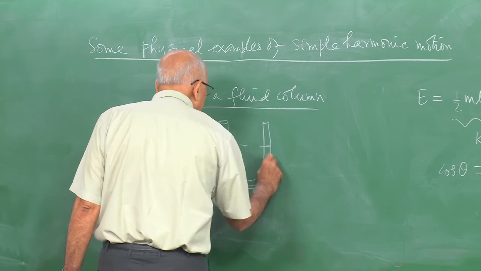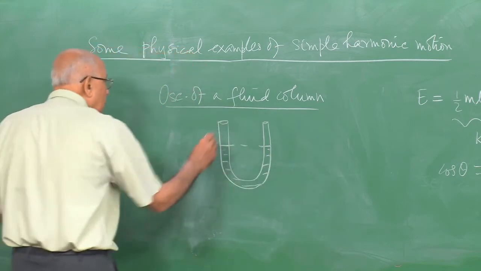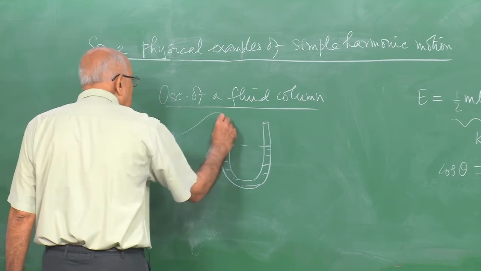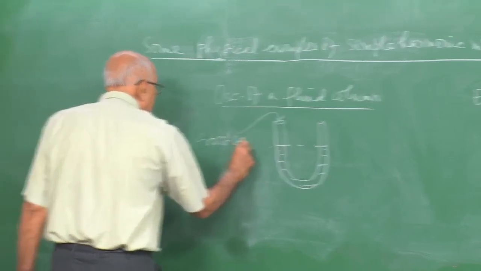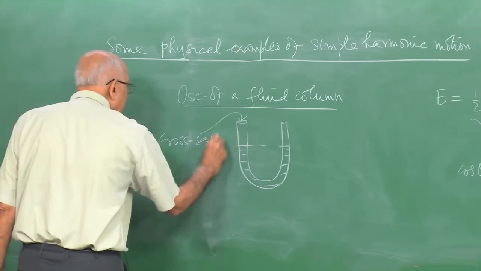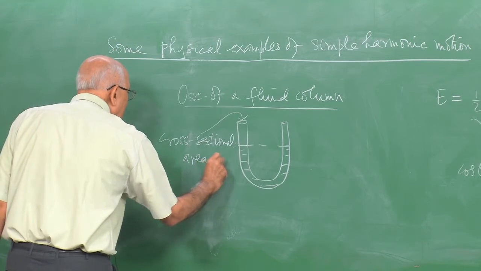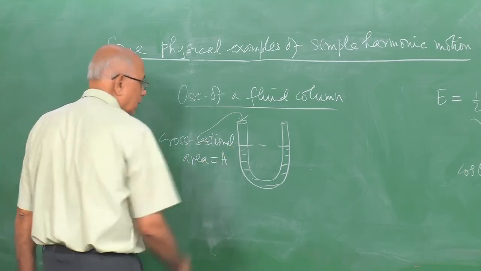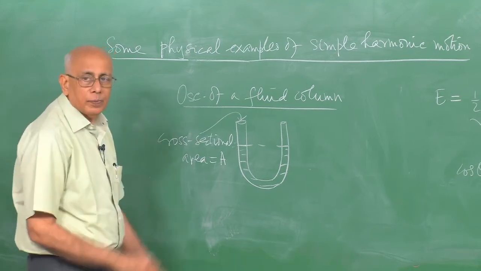And let us suppose that the cross sectional area of this tube is equal to A, for instance, and the fluid density is some rho.